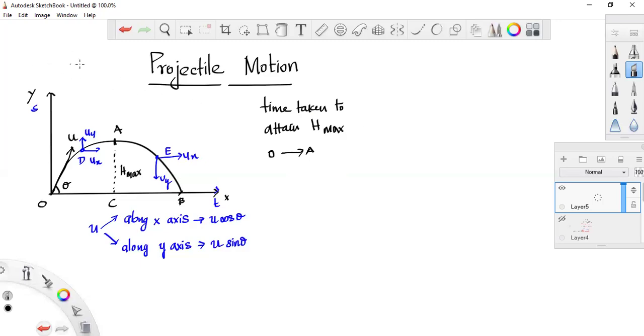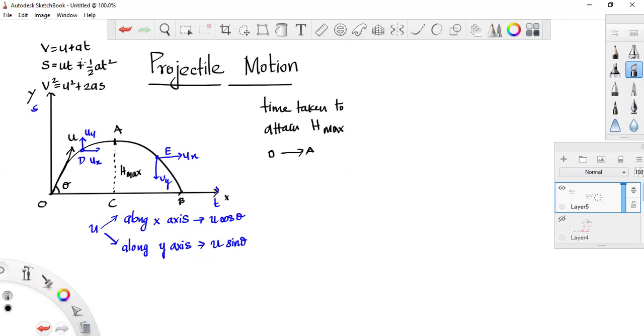I recall the three equations. One is v is equal to u plus at. Then s is equal to ut plus half at square. Then v square is equal to u square plus 2as.